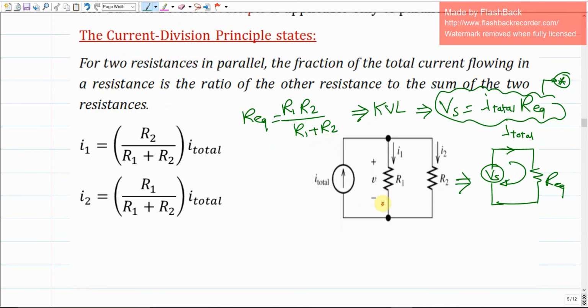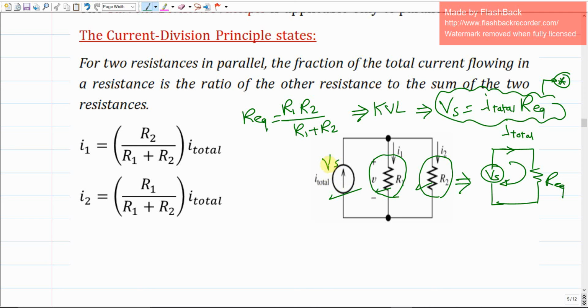Make sense? Then if I ask you how much is I1, let us calculate I1. As we mentioned before, any two parallel resistances should have the same volt. The volt over R1 should equal the volt over R2, which should equal the volt over the source, which should be Vs. The source here is a current source, yes, but it has a voltage as well, right?